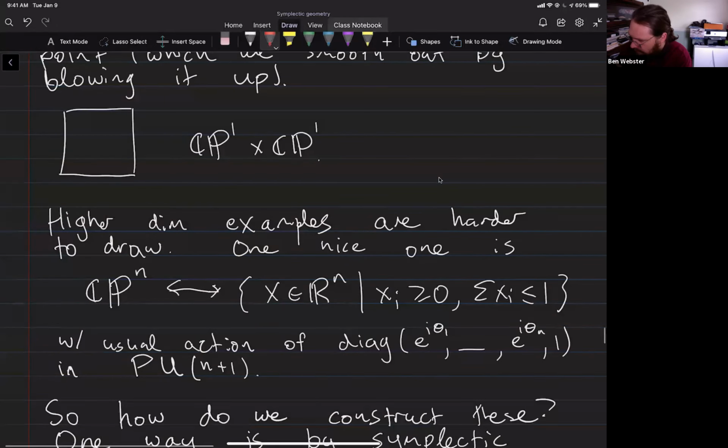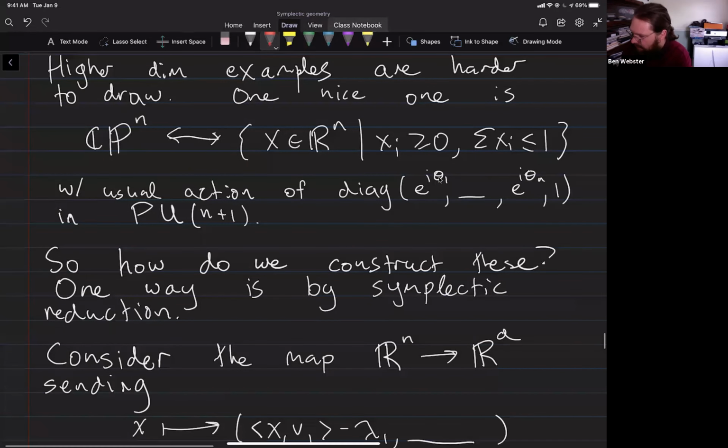All right. So higher dimensional examples are harder to draw. There are lots and lots of them, but it's hard to actually draw pictures of them because they're 3 and 4 dimensional. One that's definitely worth knowing is dimensionally upgrading the story about CPN.